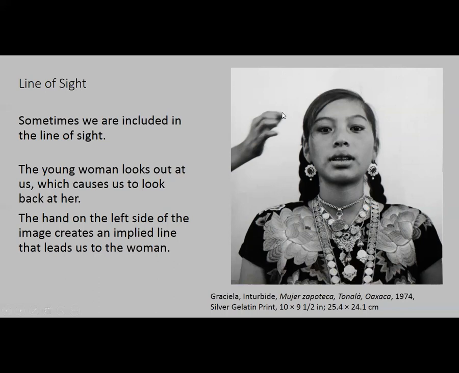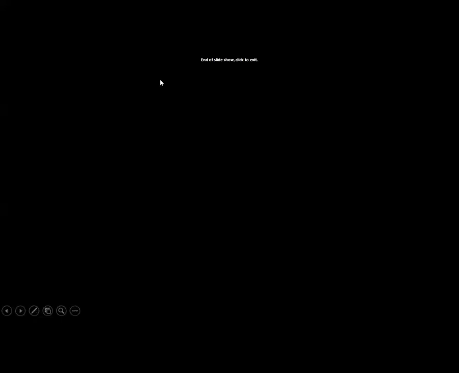That hand is gesturing toward the girl, creating the suggestion of a line. So that's an implied line. There are directional lines. Her braid creates a directional line that leads from here all the way down to her shoulder, to her beautifully embroidered dress. I wish I had that.